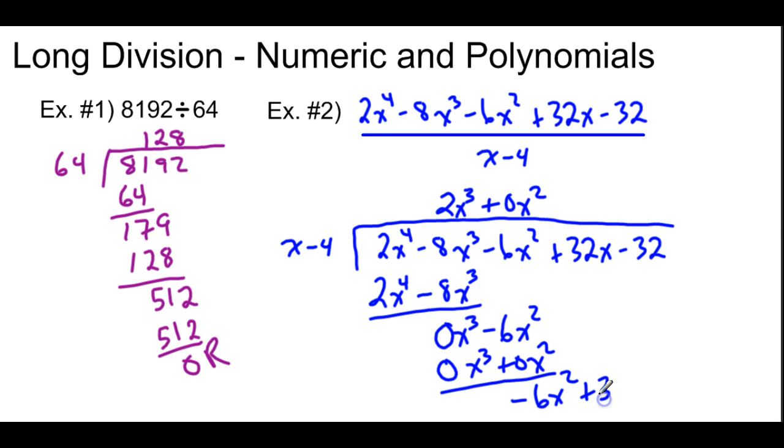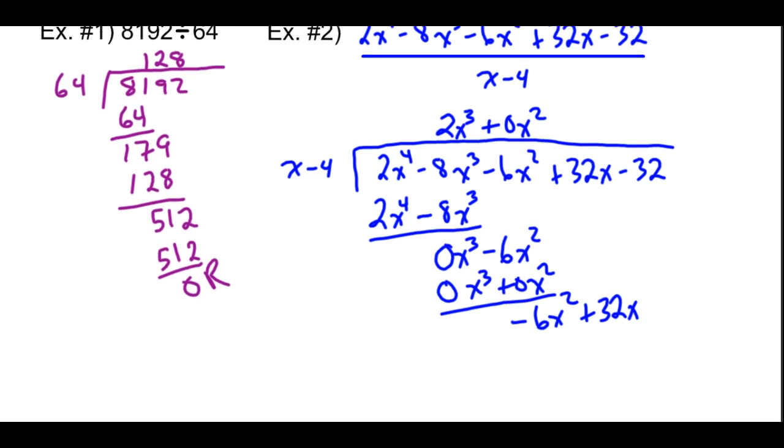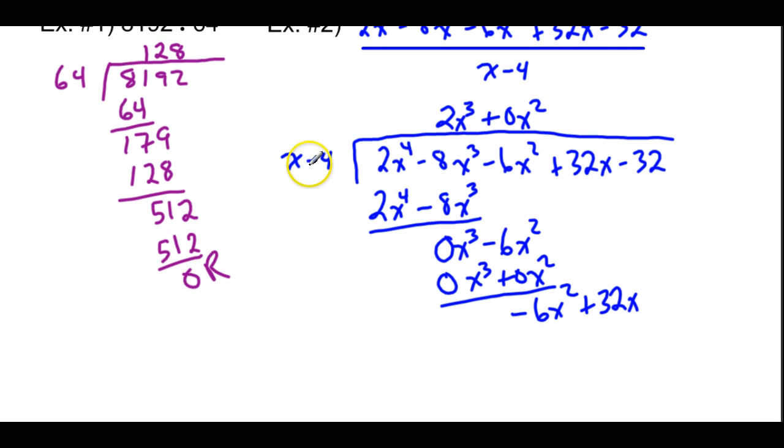32x comes down. And we're interested in how many times does x go into this. And so it's negative 6x times. Multiply through, I've got a 24x. And again, negative 6x squared.